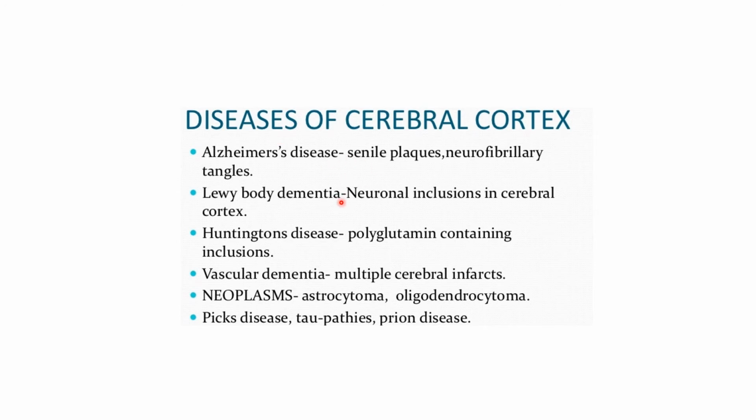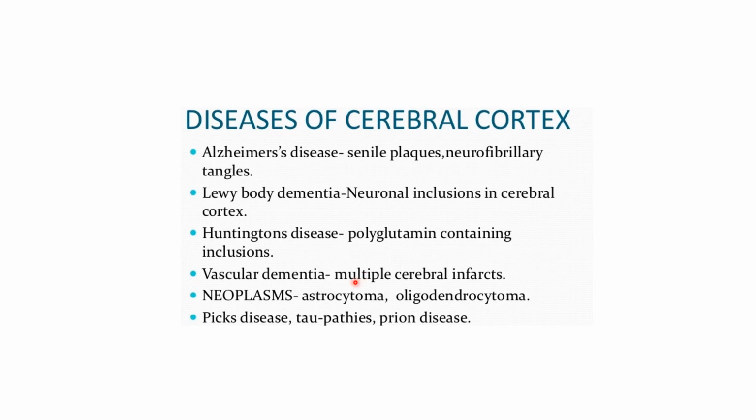Now, what can be the diseases associated with the cerebral cortex? One of the commonest is Alzheimer's disease, in which plaques and neurofibrillary tangles can develop. Another one is dementia, with neuronal degenerative inclusions in the cerebral cortex. Then Huntington's disease, and vascular dementia because of multiple infarcts.